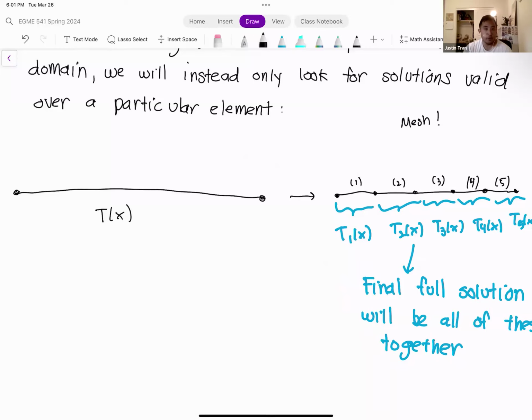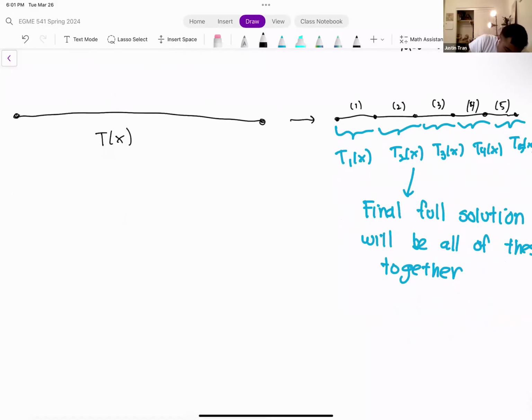Okay. So before we get into the methodology, we have to talk about the characteristics of the solution, or some of the requirements that these solutions have to satisfy. Since we're going to be solving for multiple solutions in multiple elements at the same time, there's some degree of continuity that has to occur between the different solutions.